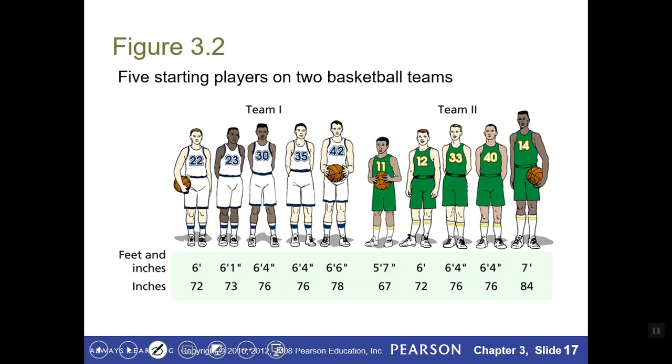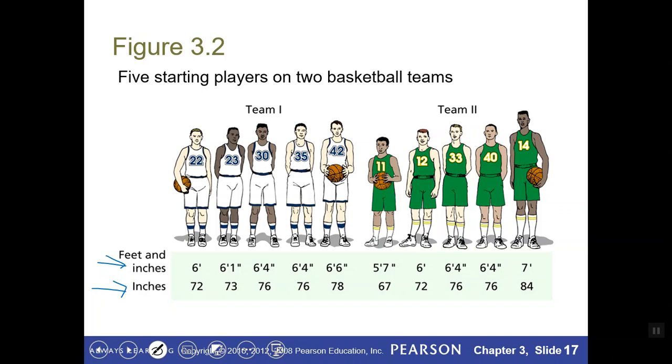You can see here there are two teams, including 5 members in each team. I have mentioned their heights in feet and inches, and inches only. Let's consider their heights in inches, that's the easiest one.